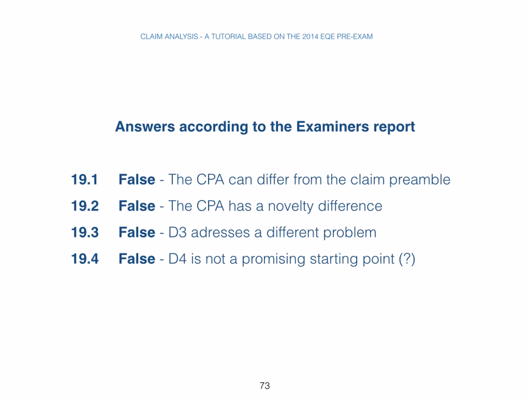The closest prior art necessarily has a novelty distinction. 19.3, false. D3 addresses a different problem. And 19.4, false. D4 is not a promising starting point, and I put a question mark as I find the examiner's explanation a little bit peculiar.